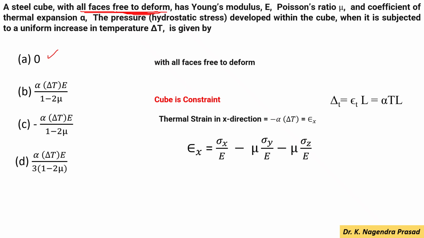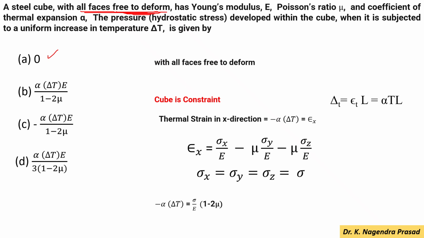And we know that the strain due to the stresses in the cube is sigma x by E minus mu into sigma y by E minus mu into sigma z by E. But here the condition is hydrostatic stress, so all these stresses in all directions are equal. Then sigma x equals sigma y equals sigma z equals sigma.